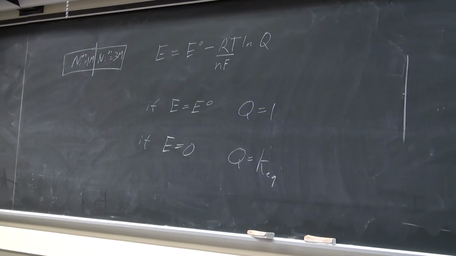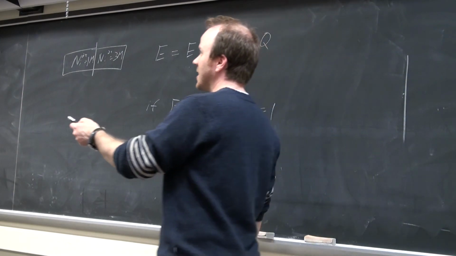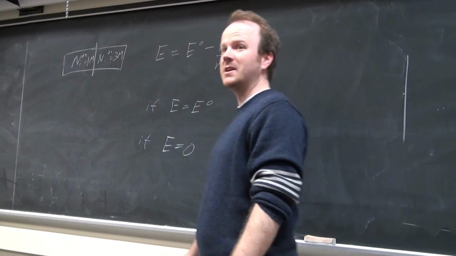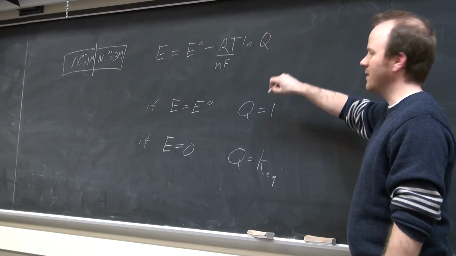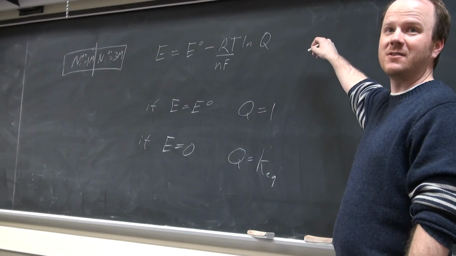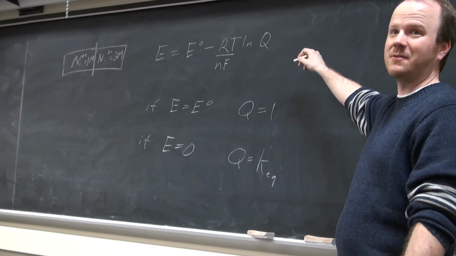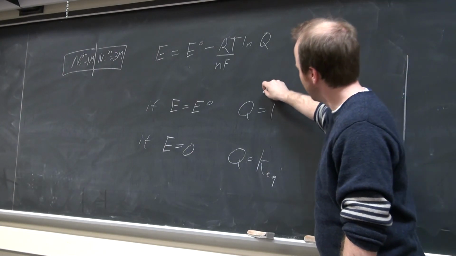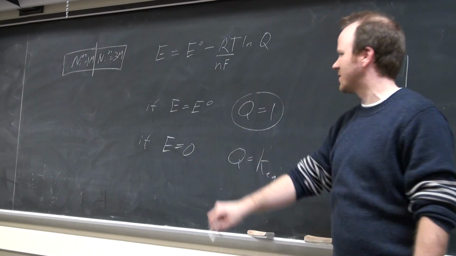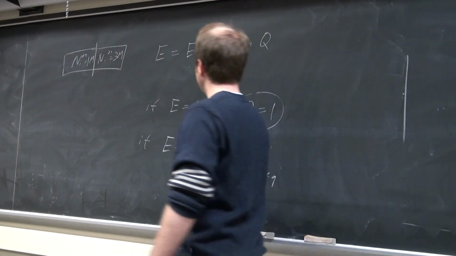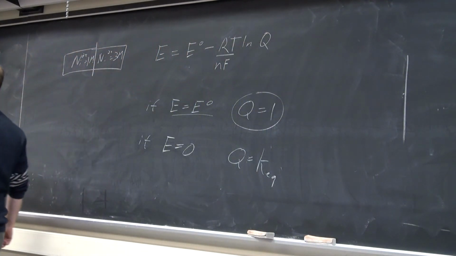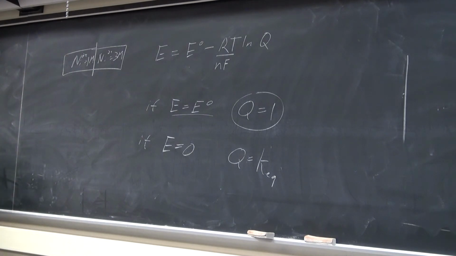If the concentration of everything up here is 1 mole per liter, 1 over 1 to the 6, 1 to the 10, over 1 to the 0, or 1 to the 2, always gives you a reaction quotient of 1. So that's how these E0s are defined. So at equilibrium, we have E is 0 here, right?